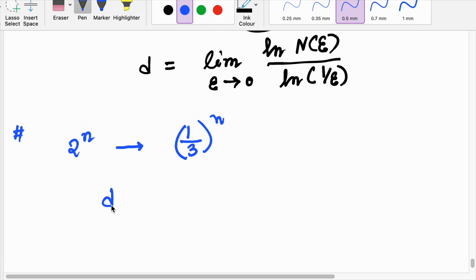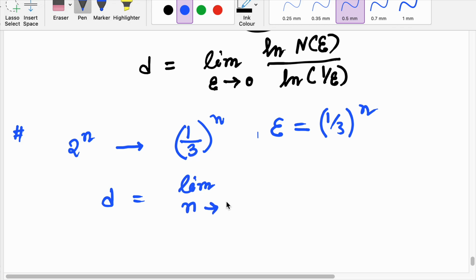D will be, when epsilon is 1/3 to the power n, epsilon goes to 0 when n tends to infinity, and at n tends to infinity the actual Cantor set is there. So the limit as n tends to infinity of ln 2 to the power n by ln 3 to the power n.